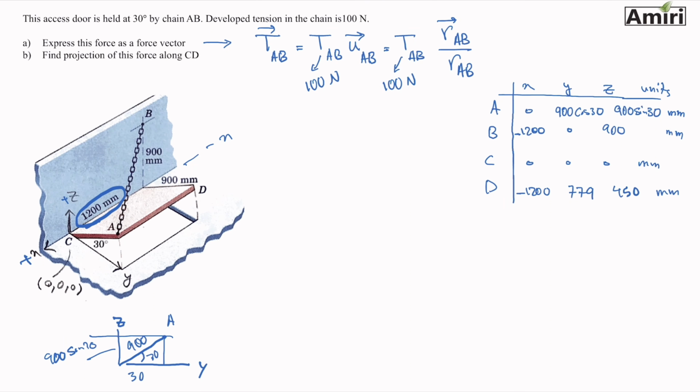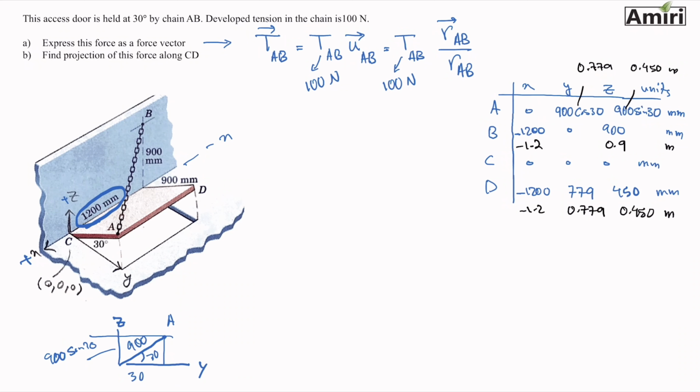Okay, I think I'm good. Another way to do these, you can also write them as meters. Doesn't make a difference. This will be 1.2, this one will be 0.9, 1.2, 0.779, 0.450. Same thing, 0.779 and 0.450. These are meters. Okay, I'm going to use meters in my calculation.